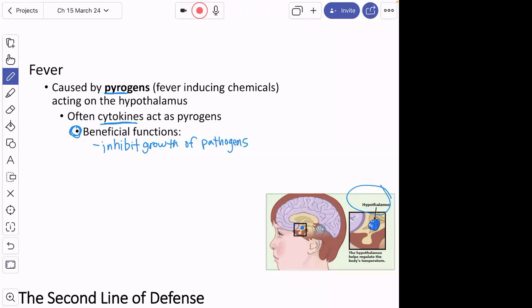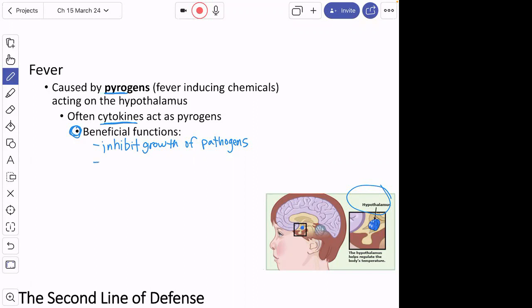Now, most bacteria have a pretty generous range of temperatures that they can survive in. So if our body temperature goes up a couple degrees, that's really not going to have much effect on bacteria most of the time. So that benefit is probably slight most of the time.